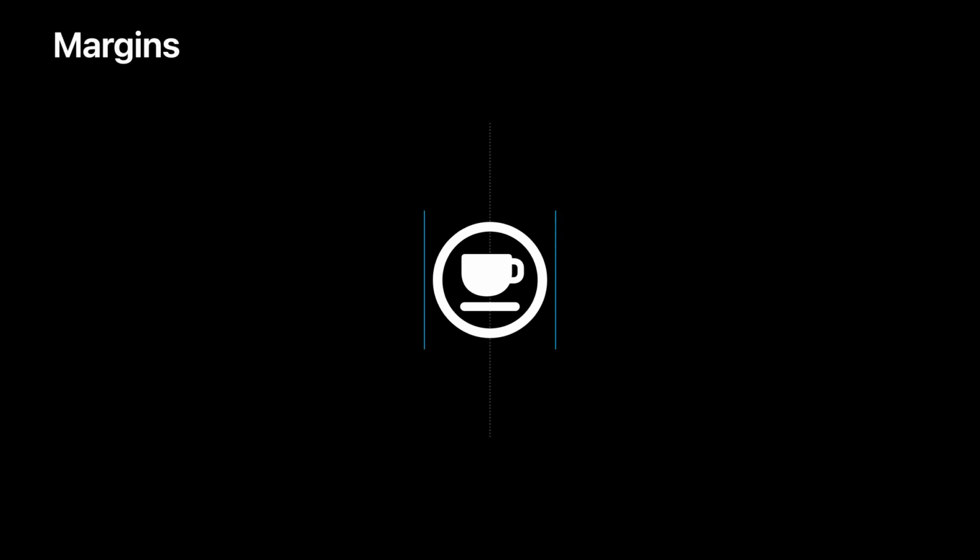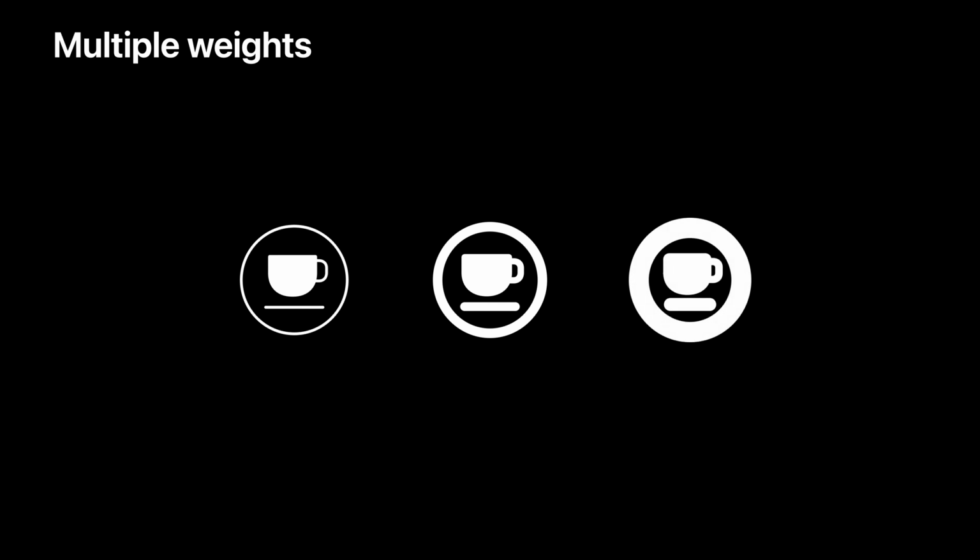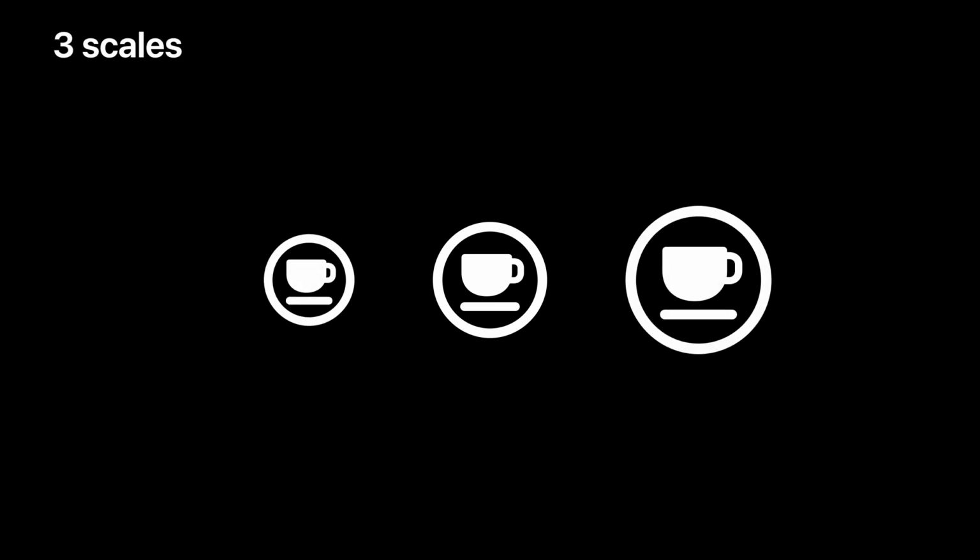Margins, for making sure symbols are optically centered with one another when used in lists and table views. Multiple weights to match text, and adjust to features such as accessibility bold on iOS. And lastly, 3 weight match scales, to adjust to the context of different UI elements.